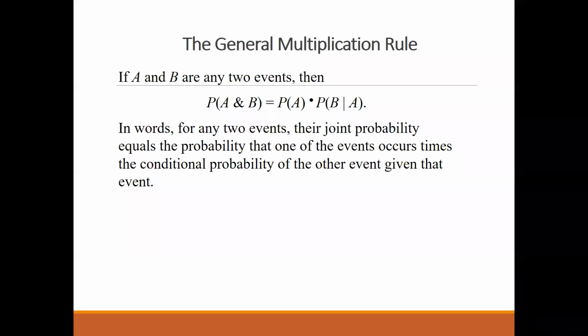So in other words, we can say that joint probability equals the probability that one of the events occurs multiplied by the conditional probability of the other event given that event.